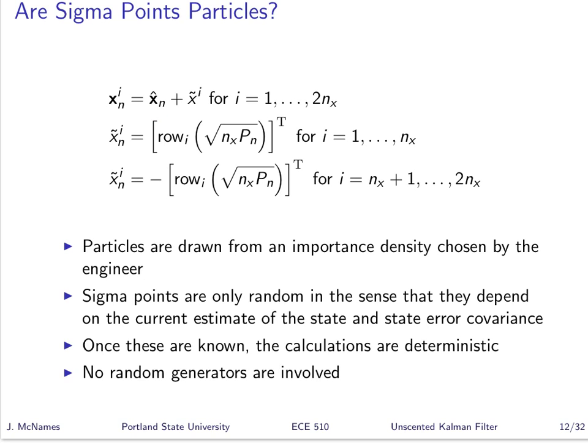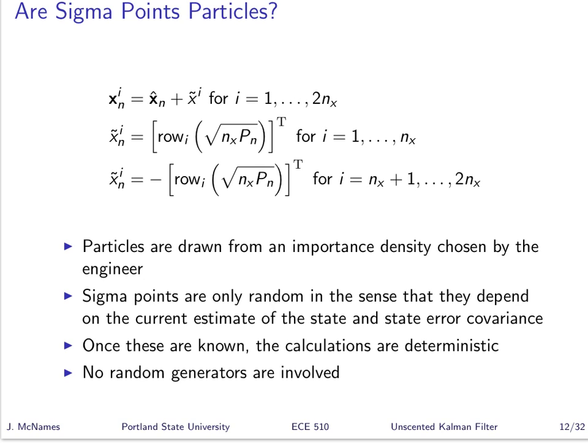And there's always exactly 2nx of them. So whatever the dimension is of your state vector, you multiply that by 2, and you're always working with that many sigma points. So in those respects, it's completely different than particle filters. Yes, they are points. Yes, we're representing properties of a distribution with those points. But we're only representing the mean and the covariance, and 2nx is ample for representing that.